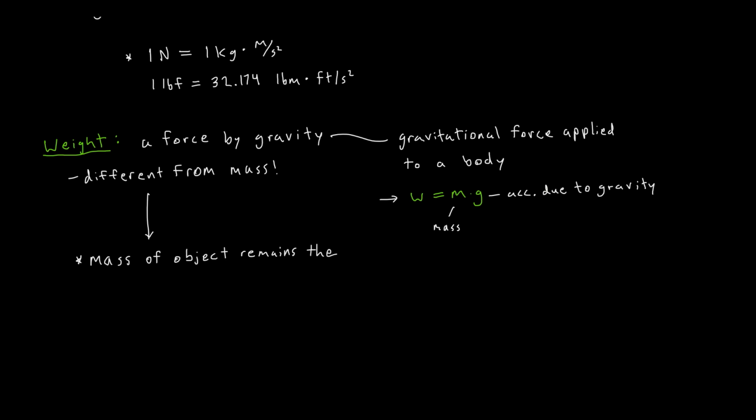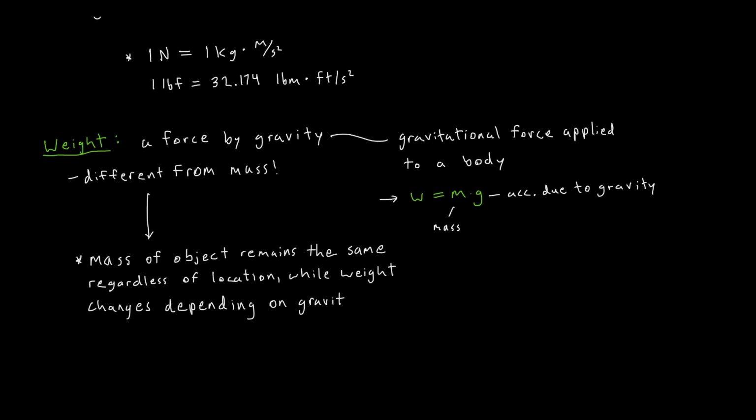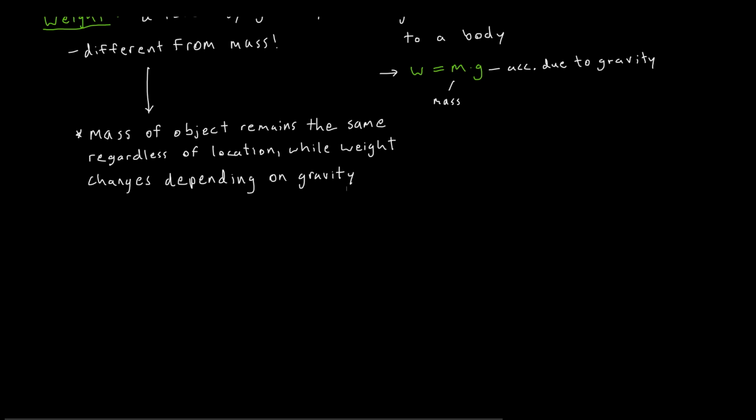Now, just to be clear here, how is weight different from mass again? Well, the mass of an object tends to remain the same regardless of the object's location, while weight, on the other hand, changes depending on the location, specifically due to the location's gravity. So, for example, let's say we have a person who weighs 150 pounds here on Earth, where gravity is roughly equal to 32.2 feet per second squared.